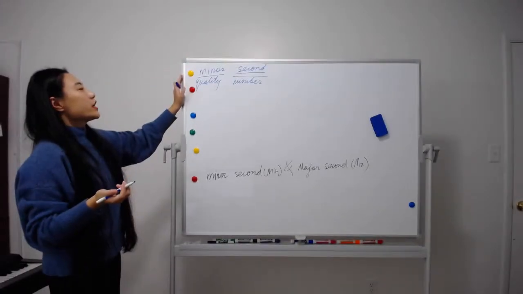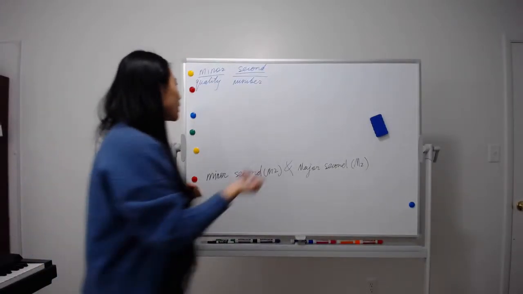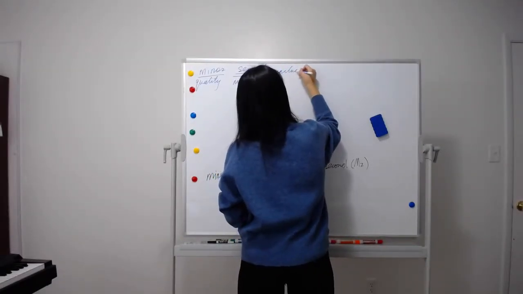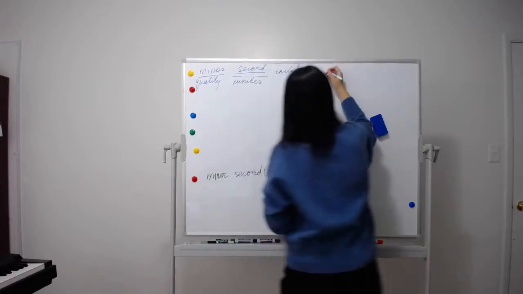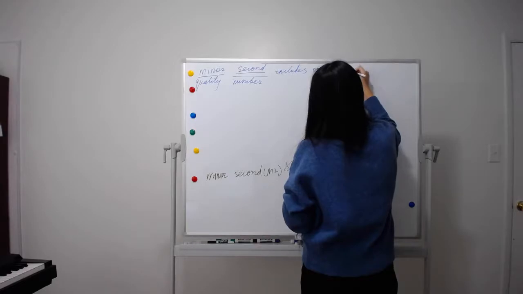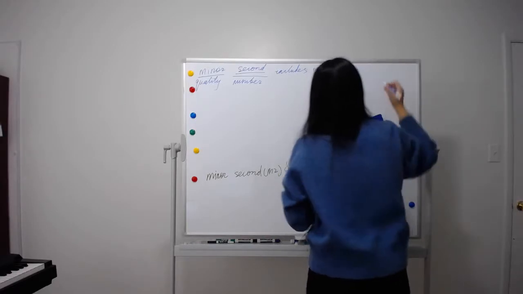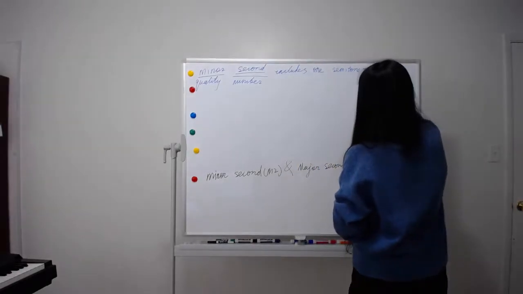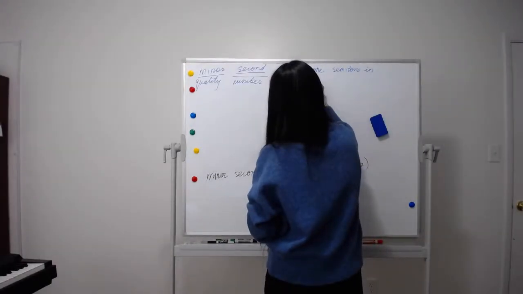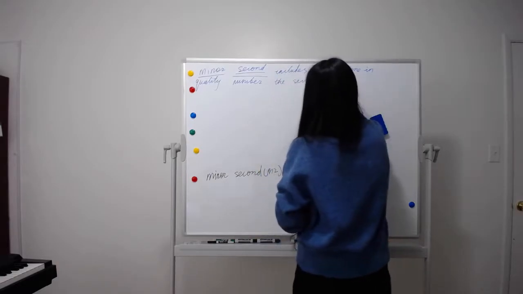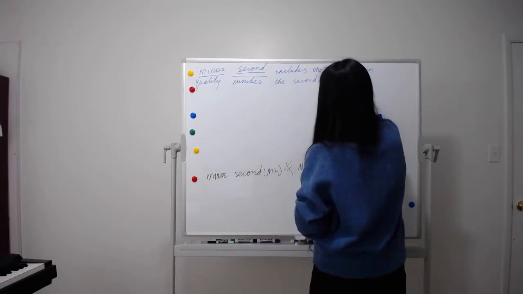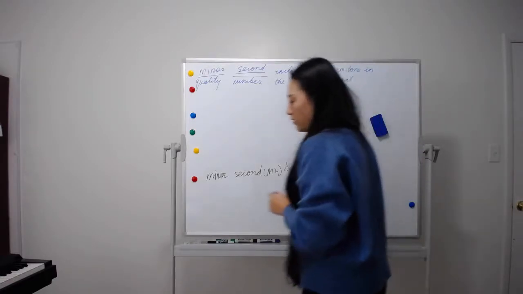So the definition of minor second includes 1 semitone in the second interval. Let's take an example.